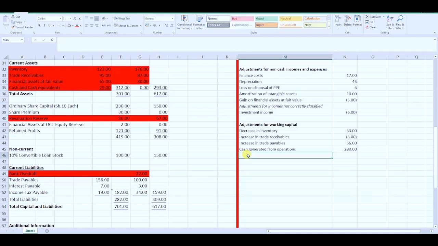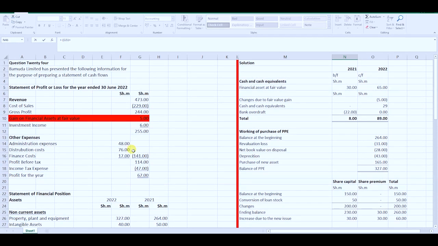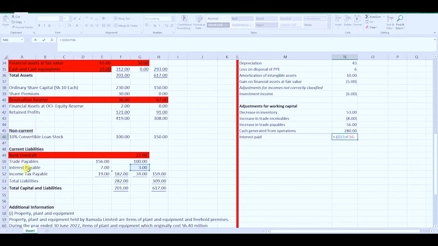So interest paid. Over here, we are saying we get plus interest payable, which is right here, the 3. Then we open brackets and put a negative value there, plus how much was paid, finance cost within the year, and then we subtract the closing value, interest payable.